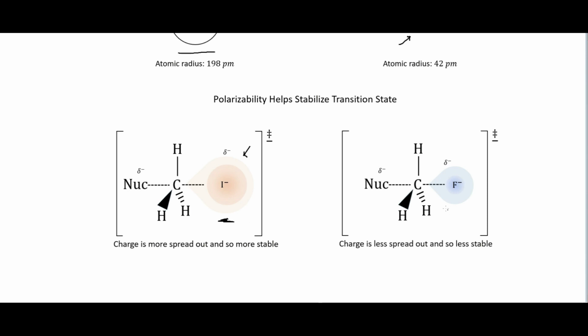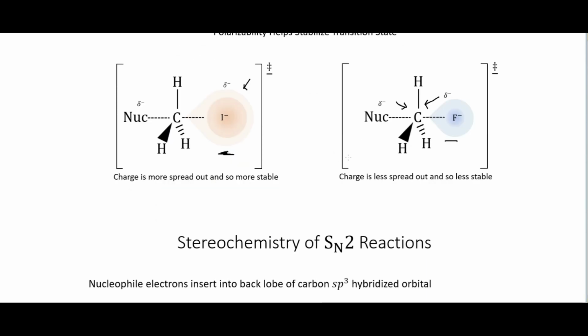When we have a smaller one here, the charge is less spread out, more compactified towards this carbon, so it's repelling itself and making this a higher energy transition state, so it's less stable. So polarizability helps to stabilize the transition state.